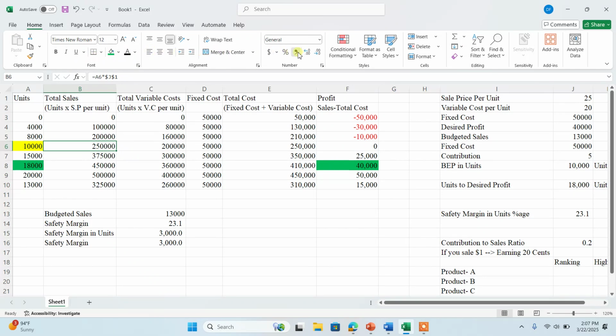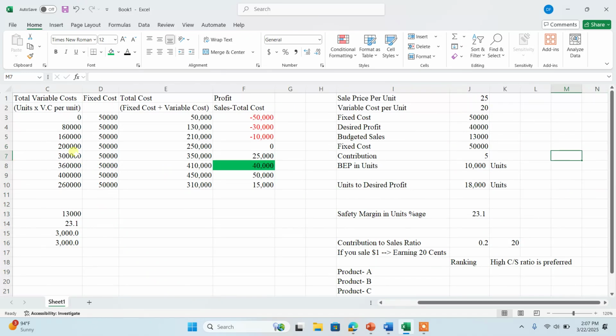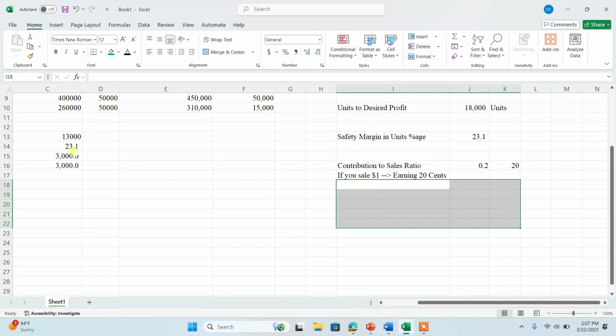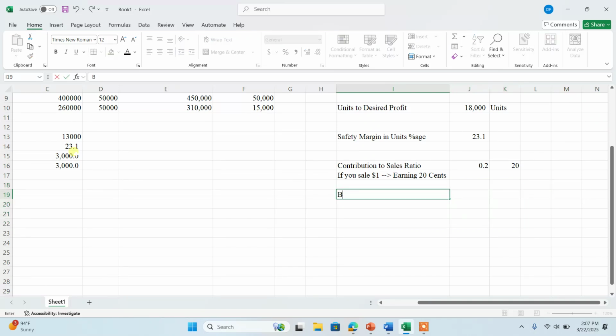You are interested in finding the break-even point in terms of revenue: how much revenue should I receive where my profit and loss is equal to zero? For this, let me delete this example of the multiple products. Now, I'm going to find the break-even point in terms of revenue.